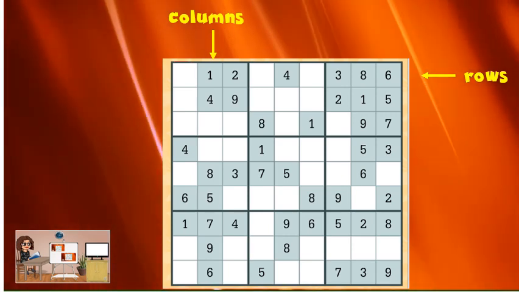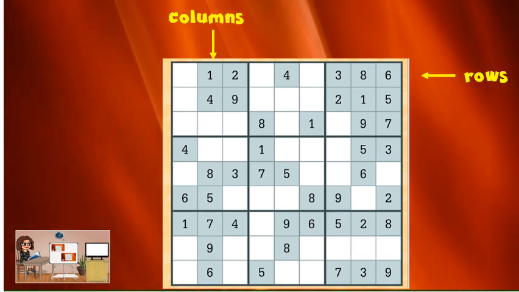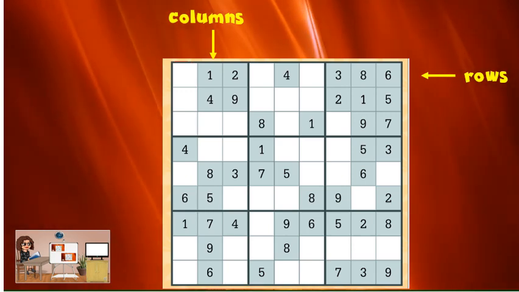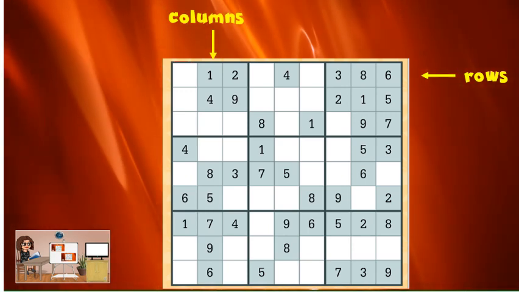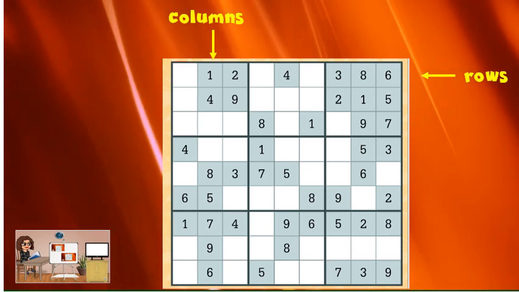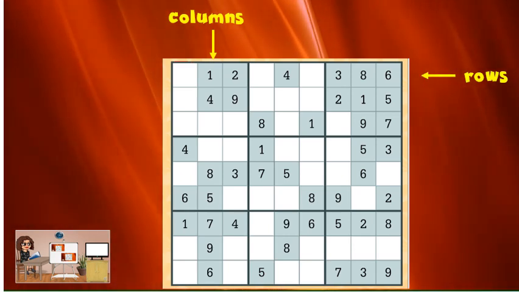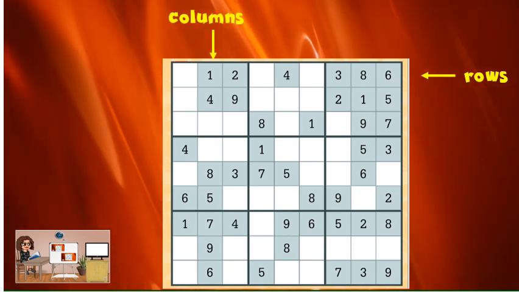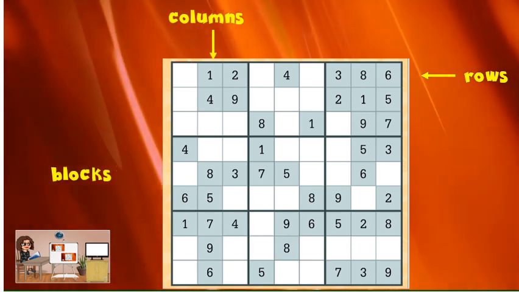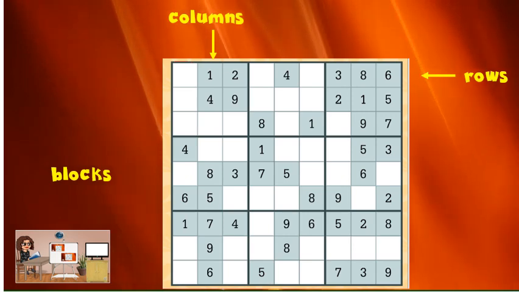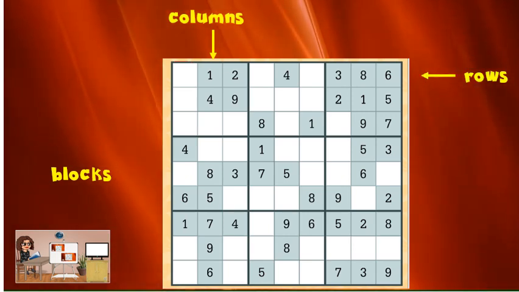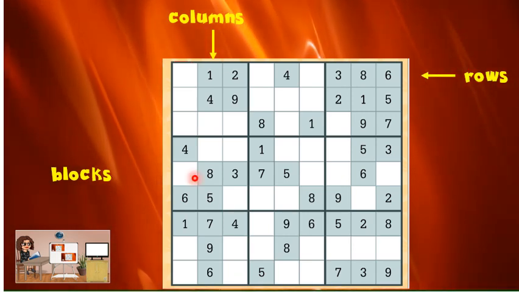Each 9 by 9 grid is broken down into smaller groups of cells that are 3 by 3, which means 3 rows and 3 columns, each making up 9 cells. An area like this is called a block. Thus, a 9 by 9 grid is made up of 9 blocks.